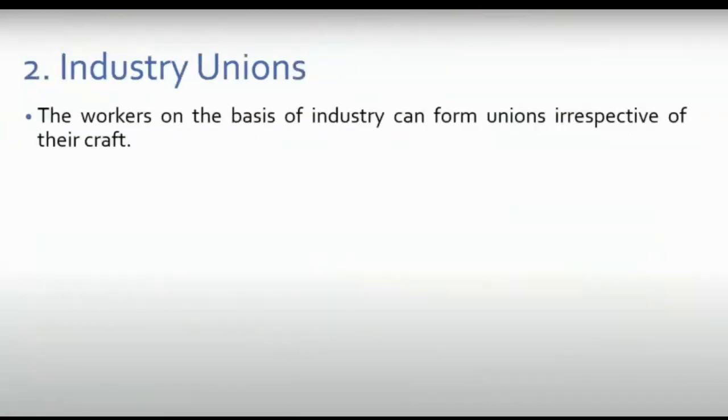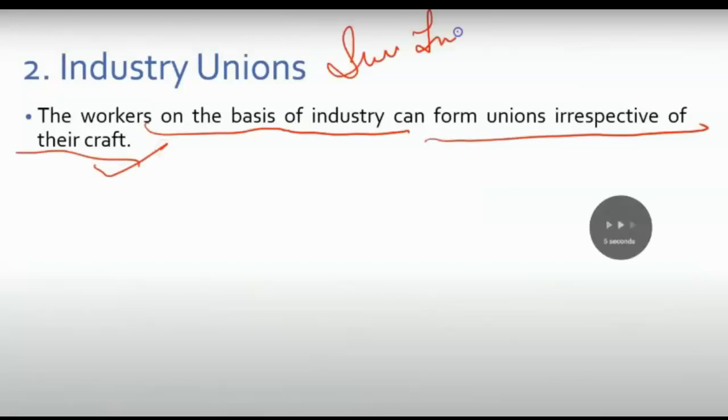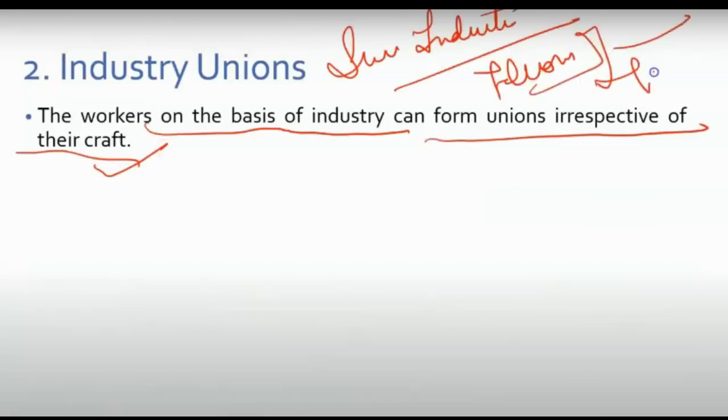So next one we have is called industry unions. The workers on the basis of industry can form a union as well. So based on profession, that was craft, and based on industry, that is called industry union, irrespective of their craft. For example, in an IT industry or in the software industry, there are so many people who work in the software domain.